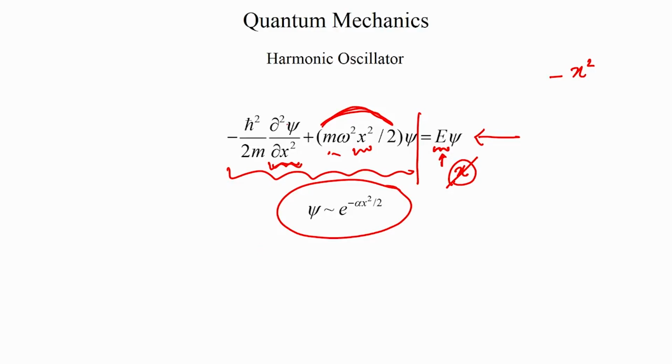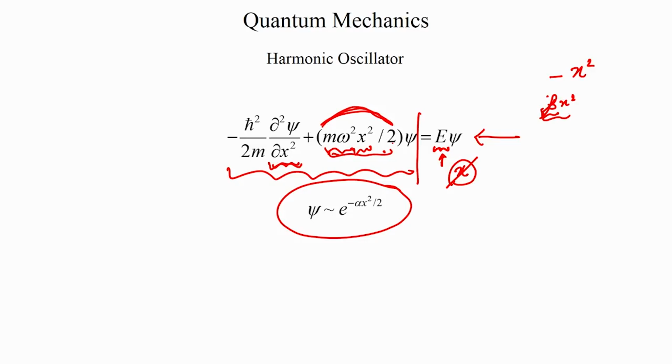So this term cannot exist. So what is the psi that I could use so that if I take a second derivative, it would end up with a term which has an x square in it, some factor beta into x square, such that that beta would be equal to m omega square by 2, and therefore cancel off with the potential term here.